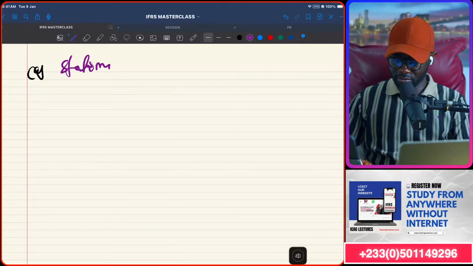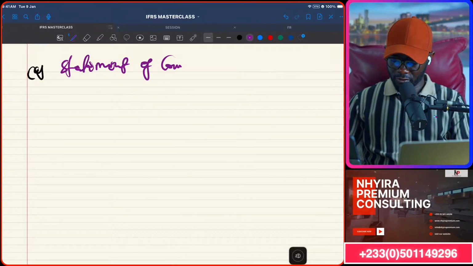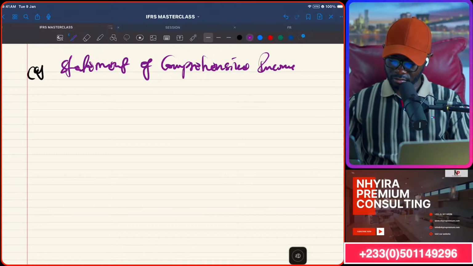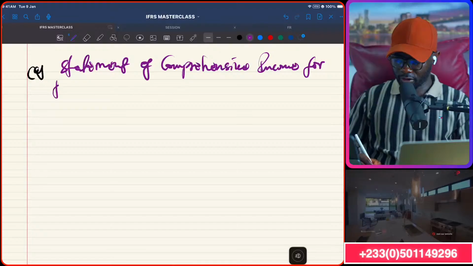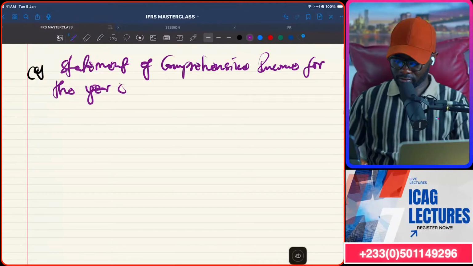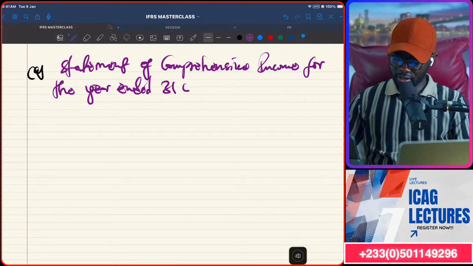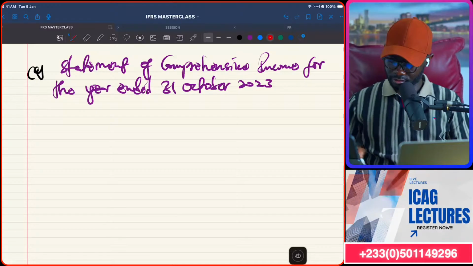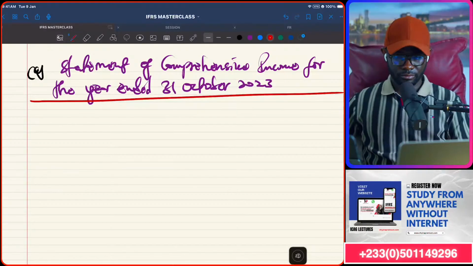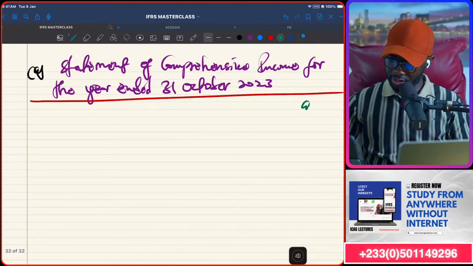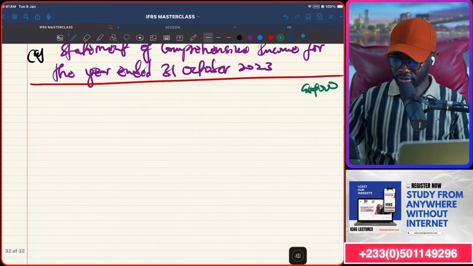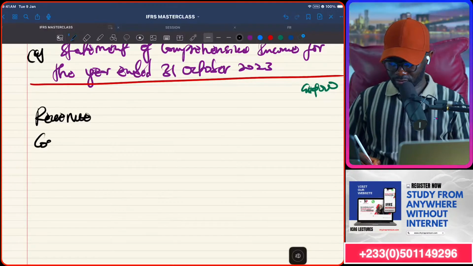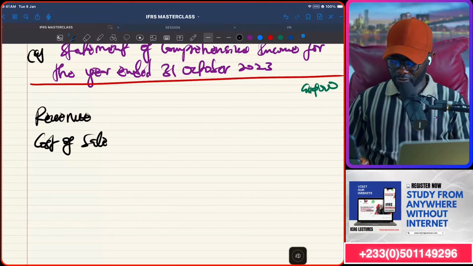And that is the statement of comprehensive income for the year ended 31st October 2023. We slash in our currency sign, as always. We'll have revenue. We'll have cost of sales.